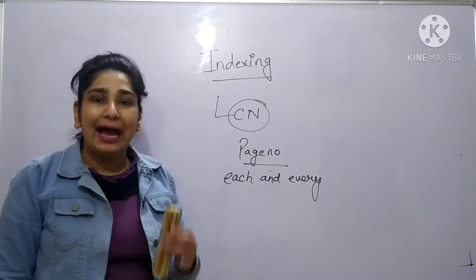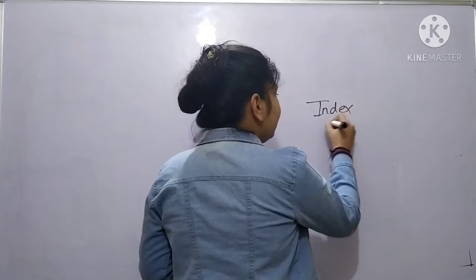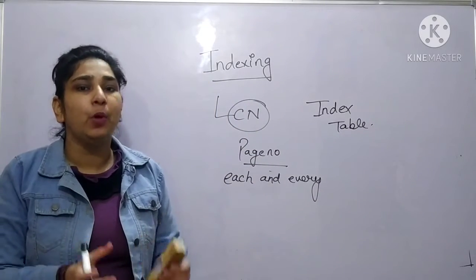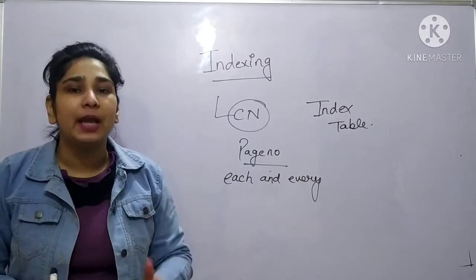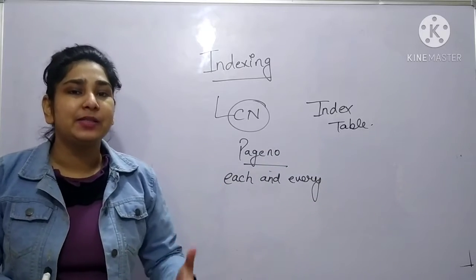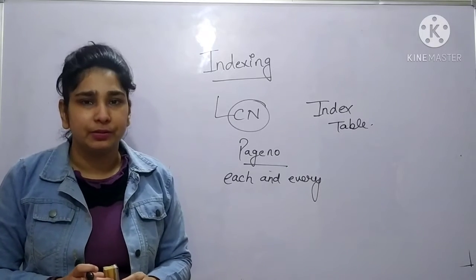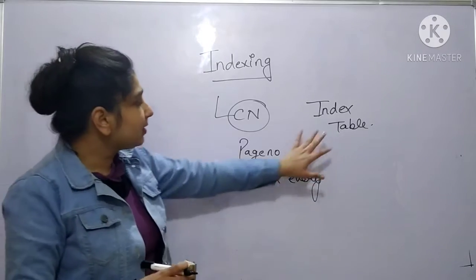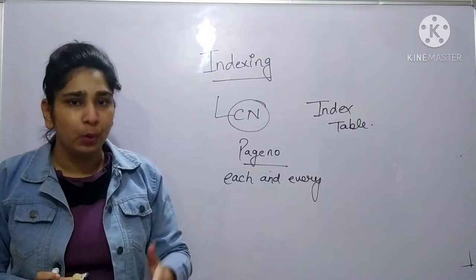Okay, so that is the reason that we make an index table in front of each and every book. In the starting we make an index table, and with the help of the index table we can search each and every topic much faster. In the index table we are writing the summary of all of the topics which you are covering in your book.